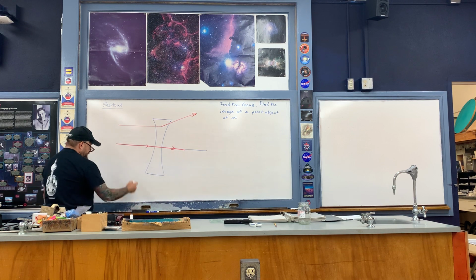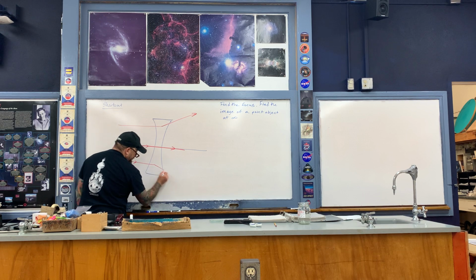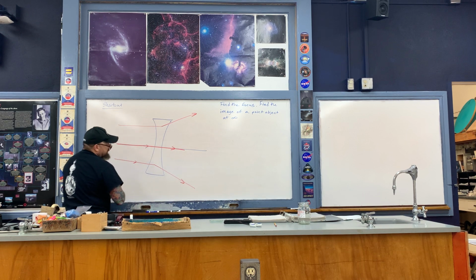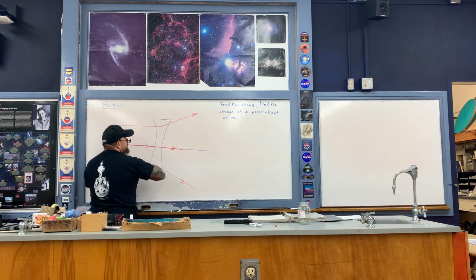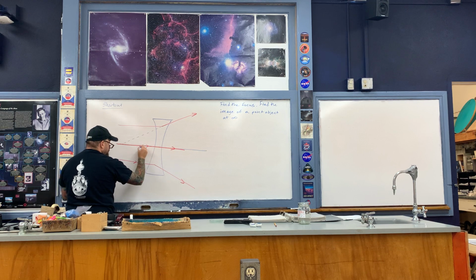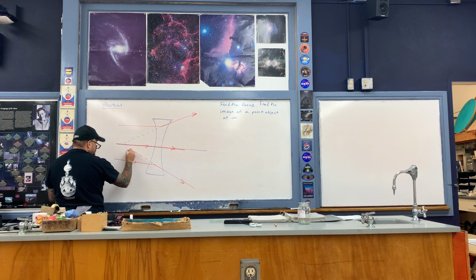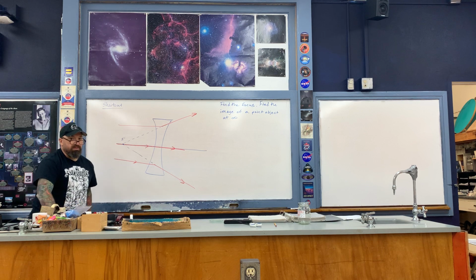Same thing with the bottom light ray, just draw it to the middle of the lens like this, and then just diverge it out the other side like so. And then these three rays, here, here, and here, they then look like they're coming from back here. Like so. And that then therefore is where the focus forms.